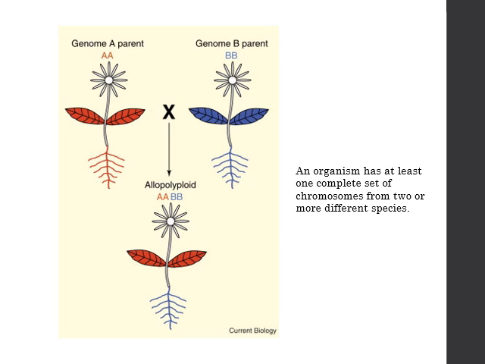It has two entire sets of genes from two parents. That means that it can still reproduce using meiosis, because you can still split. It's not triploid or anything. It's still going to survive and be sexually reproductive. You've got a whole new species.